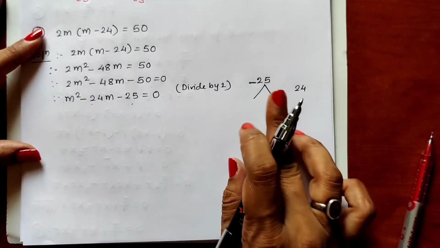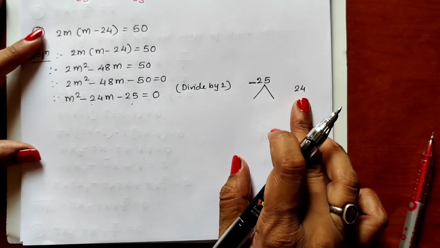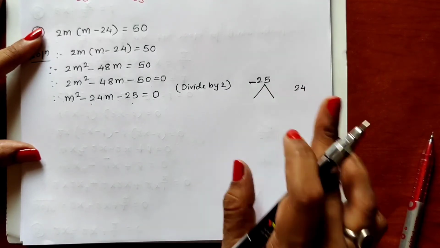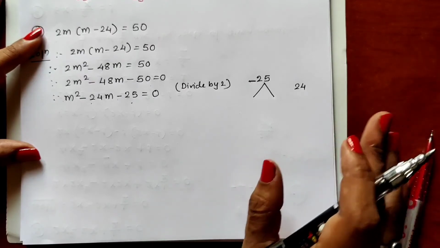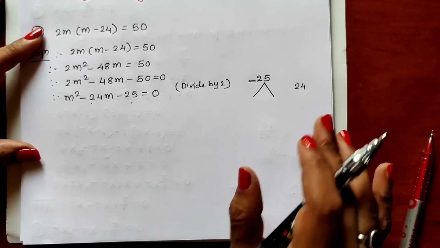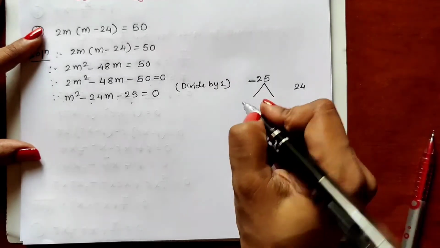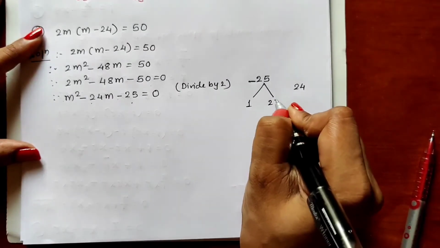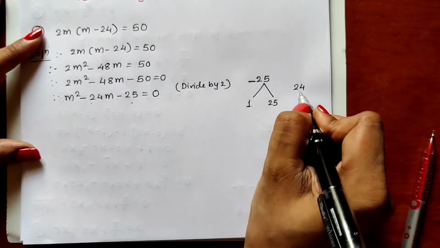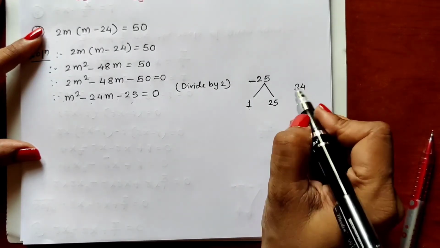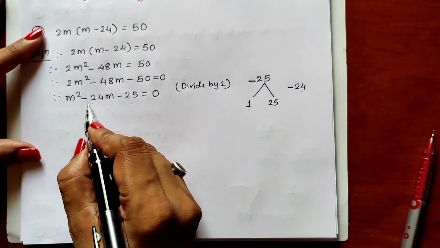Two factors are 5, 5s are 25, but 5 minus 5 is not 24. So we have to write 25 ones are 25, correct? So I write 1 into 25. 25 minus 1 is 24. Subtraction is 24. But here it is minus 24.